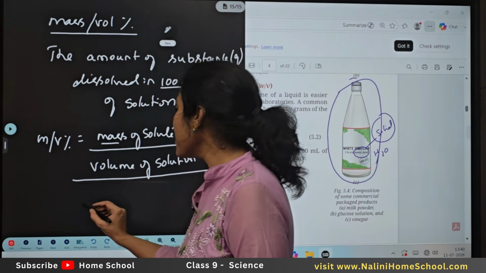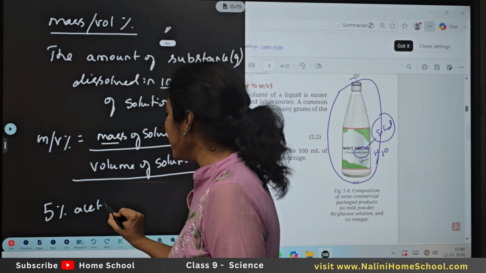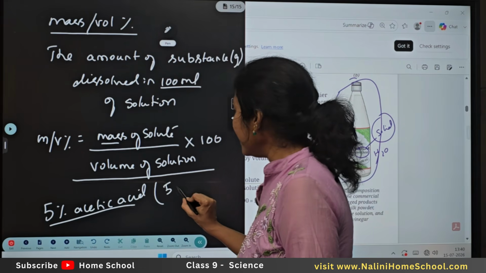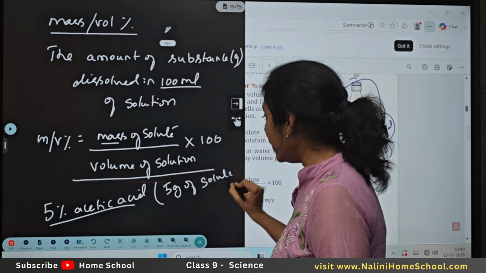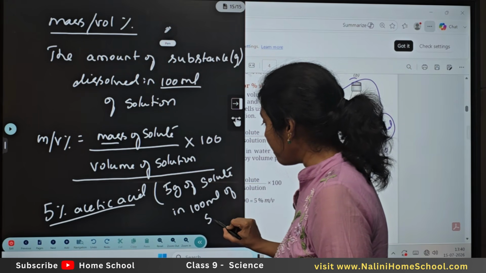Okay, say suppose I mention 5% acetic acid. What do you mean by 5% acetic acid? It means 5 grams of acetic acid, 5 grams of solute, is there in 100 ml of solution.